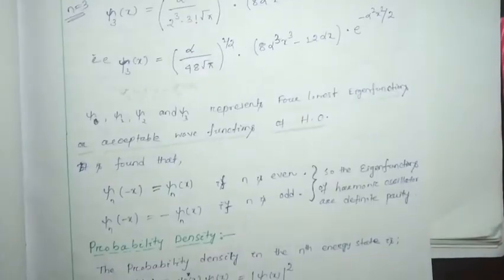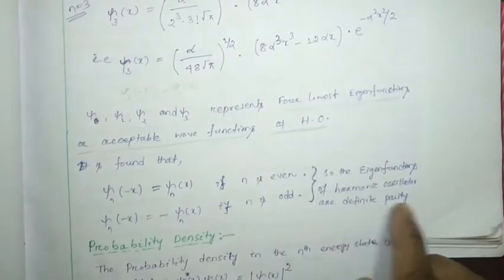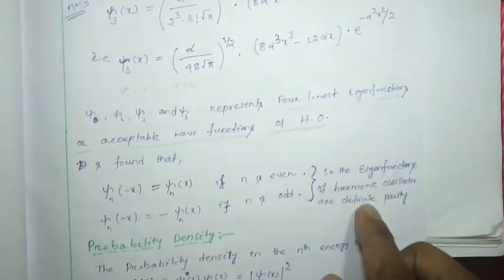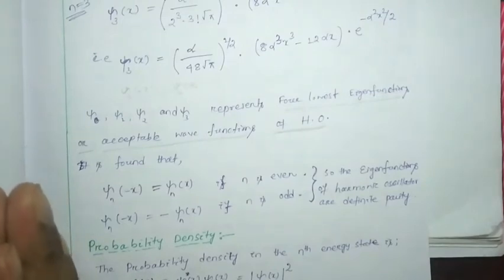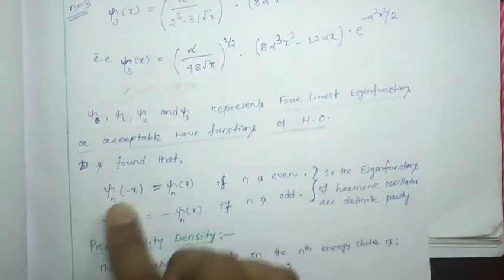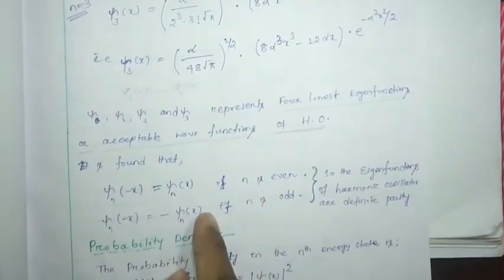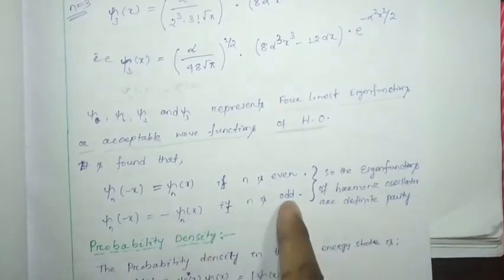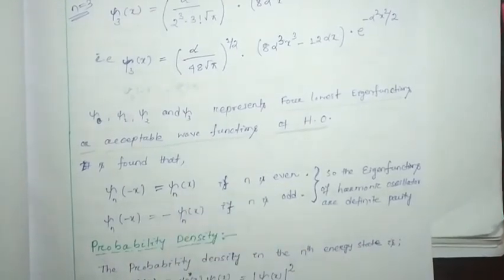So eigen functions of the harmonic oscillator have definite parity. That means if we put minus x, it changes to minus of that function in the case of odd, but in the case of even it is not changed.